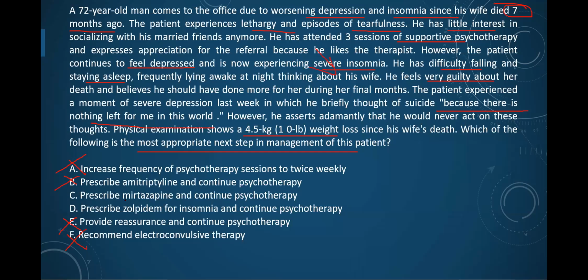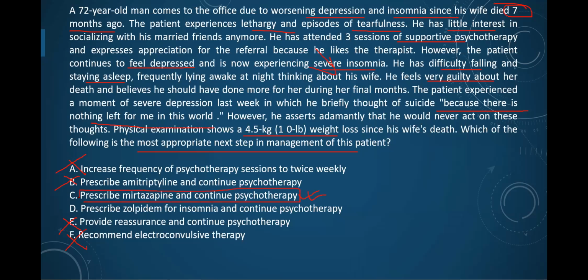And one of the side effects of mirtazapine is that it causes severe sedation. So for an insomnia patient, this is the best medication. All right. So prescribe mirtazapine and continue psychotherapy. That should be your best choice of option in here.